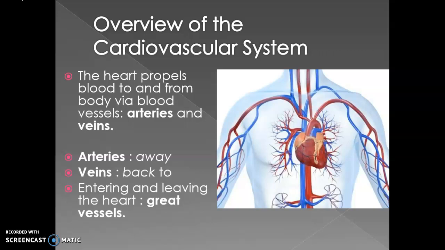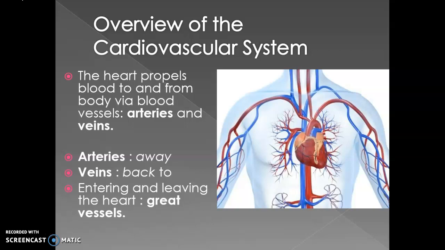Now, how do we define arteries and veins? Well, arteries are defined as vessels that carry blood away from the heart. Arteries away, remember A. Veins are the vessels that carry deoxygenated blood back to the heart. So arteries carry blood away from the heart, veins carry blood back to the heart.